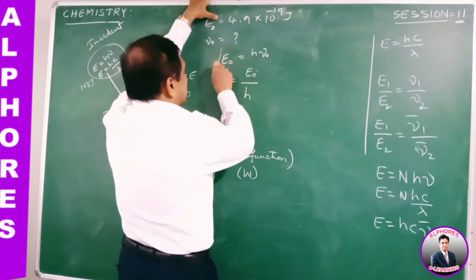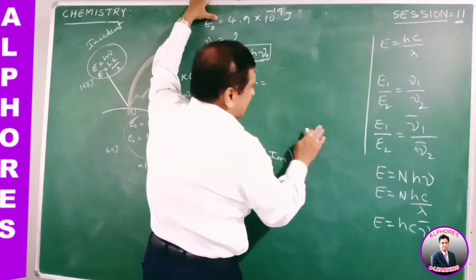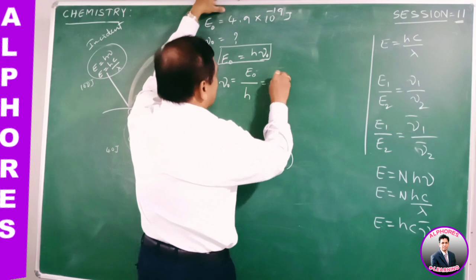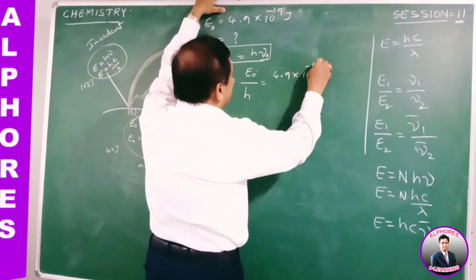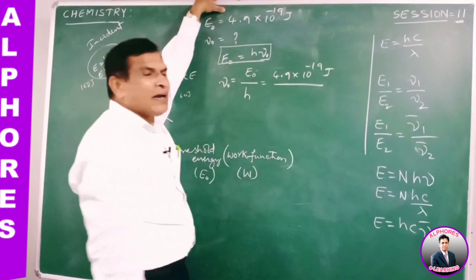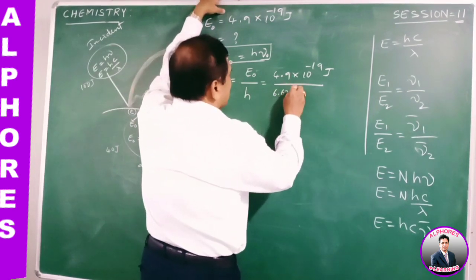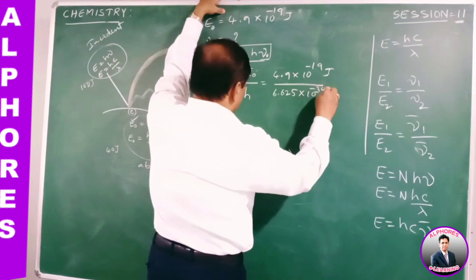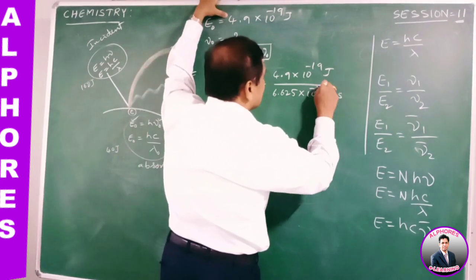The concept is very simple and important. E naught is given as 4.9 into 10 to the power minus 19 joules, divided by the Planck's constant value, 6.625 into 10 to the power minus 34 joule second.